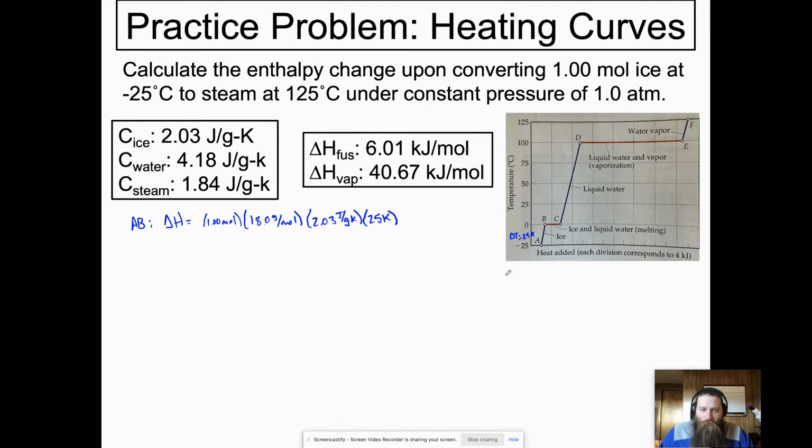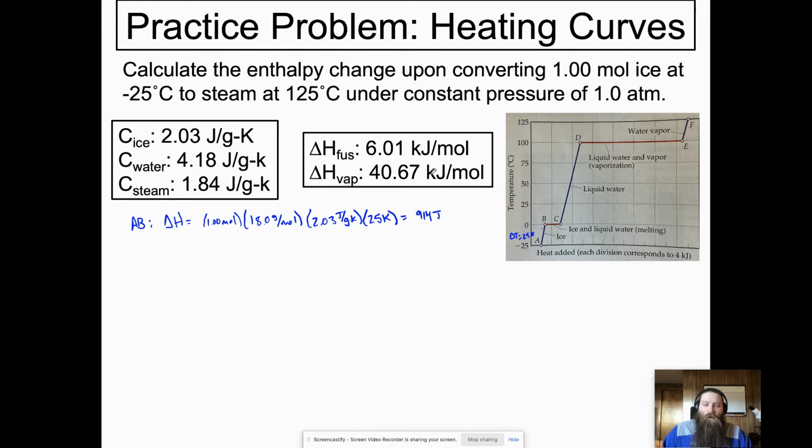Hopefully, you remember that we're basically using the mC delta T equation here, and that a degree change in Celsius is equivalent to a degree change in Kelvin. So to go from -25 at A to 0 at B is a change in temperature of 25 degrees. And in this case, we get 914 joules.